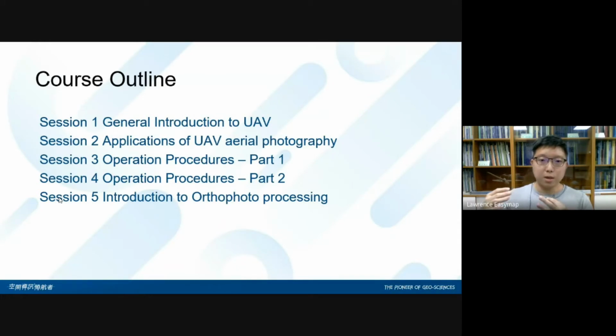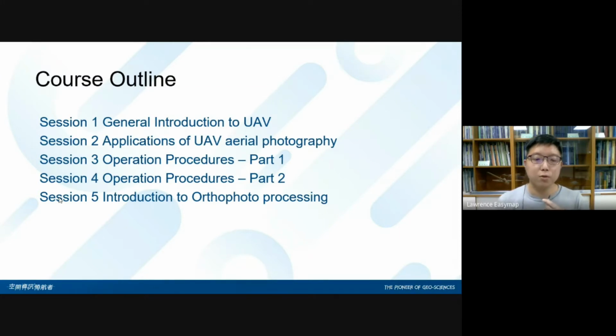Since there is a large area to cover, I will split it into part 1 and part 2, from your understanding of the operation to the post-processing and what you have to do after your operation. I will cover those aspects in section 3 and section 4.